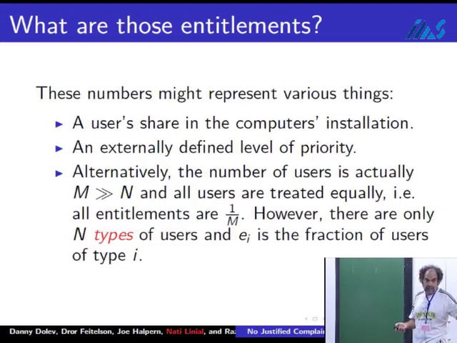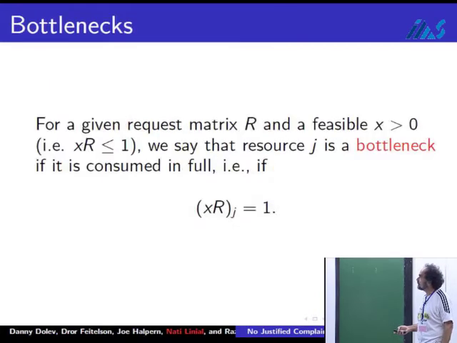So you could think of what will correspond later on to entitlements of 1 over M. The role of N in this description is that there are big N types of users, and the E_i just tell you the proportion of users from each type. That's the meaning of entitlement.